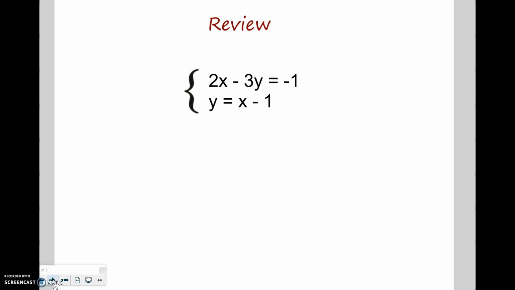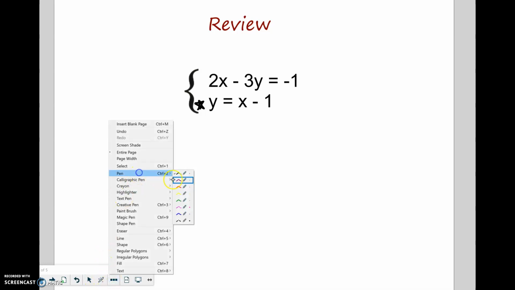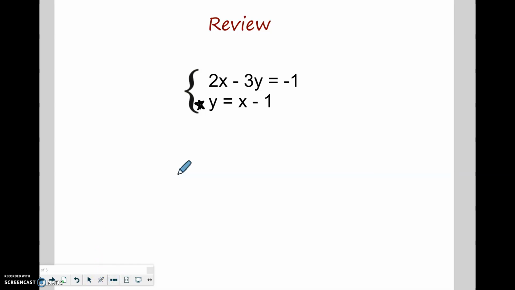So we've seen ones like this already, where we have two equations. Sometimes you'll have it grouped with this little bracket here. That's sometimes how you see the system set up. But you can see the second equation right here is in the form where we have y equal to something. So I have y equals x minus 1.